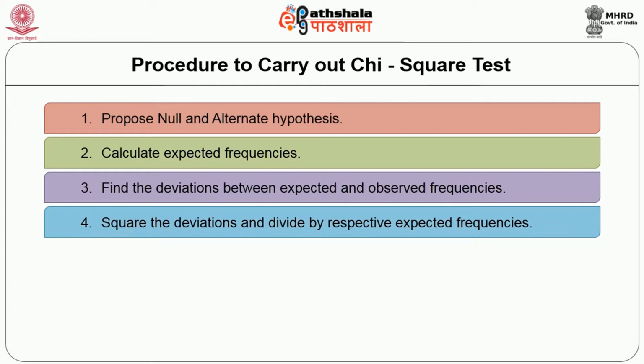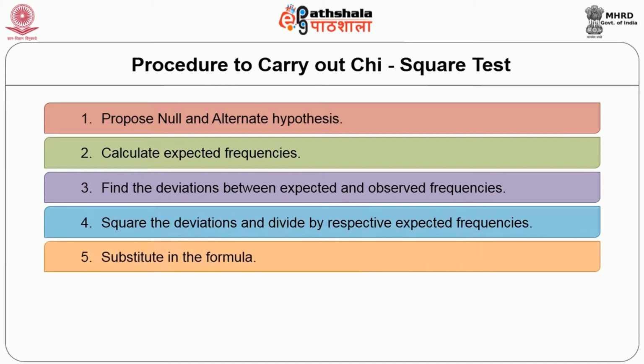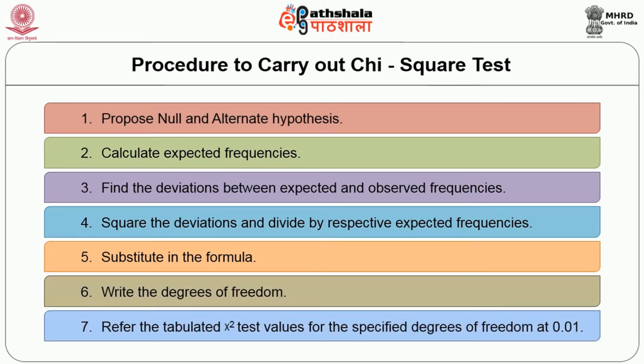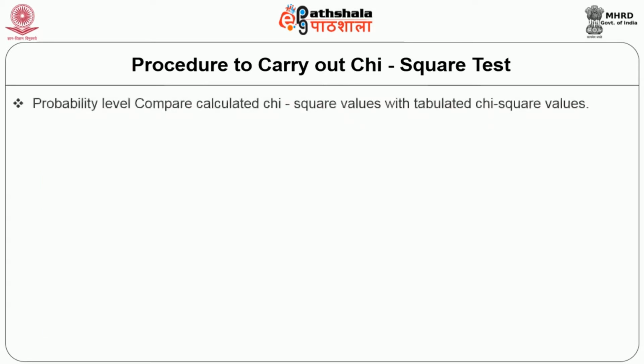The next one is square the deviation and divide by the respective expected frequency. Then substitute in the formula, write the degrees of freedom, refer to the tabulated chi-square value for the specified degrees of freedom at 0.01 probability level, and compare the calculated chi-square value with the tabulated chi-square value.